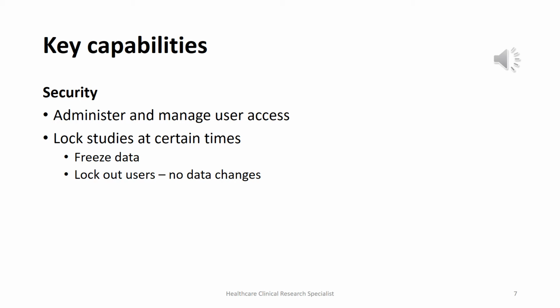And it's necessary to do this during the course of the trial because we may need to freeze data, and then that allows us to lock out users so that they can't make any changes to it. And then we may want to go ahead and make a snapshot of that data set and do some analysis on it. Then once we've done that, we can then unfreeze it and allow users to have access to it so they can continue with their work.